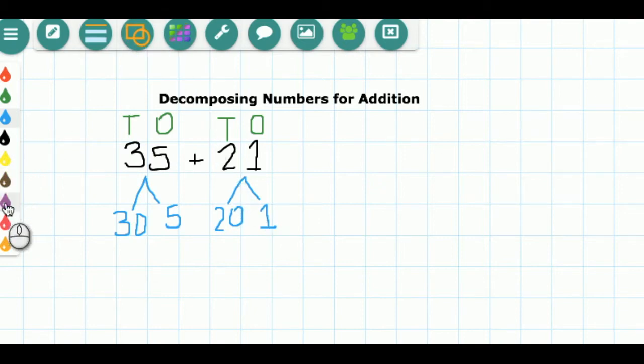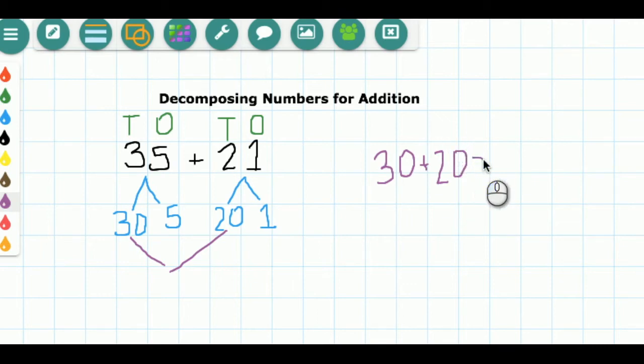Now, what we can do to add these in our brain is we can add our tens first. So we'll take those 3 tens and those 2 tens, so that's 30 and 20, and we're going to add them, which I can do off to the side over here. So I'll write 30 plus 20.